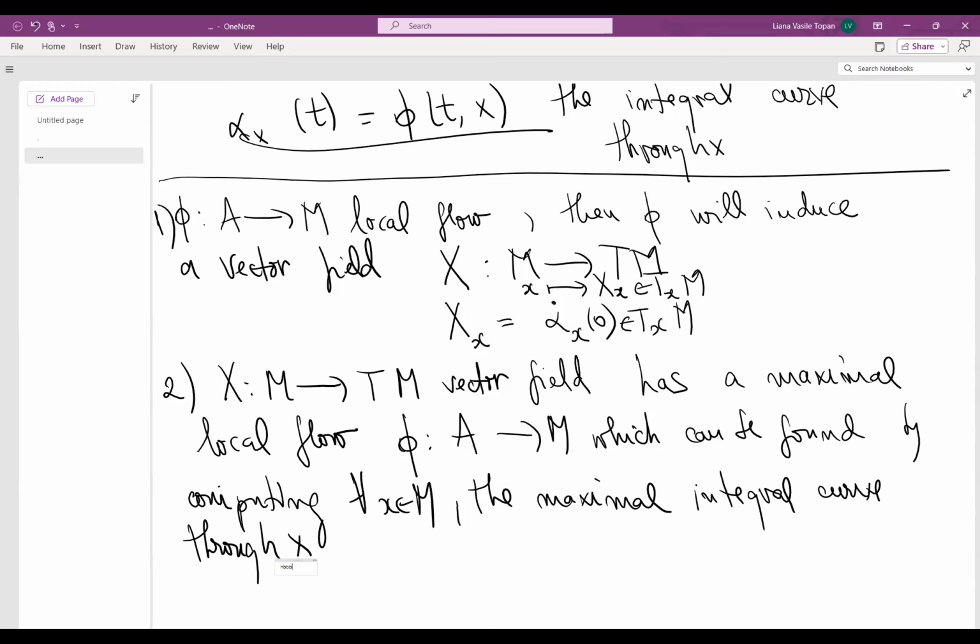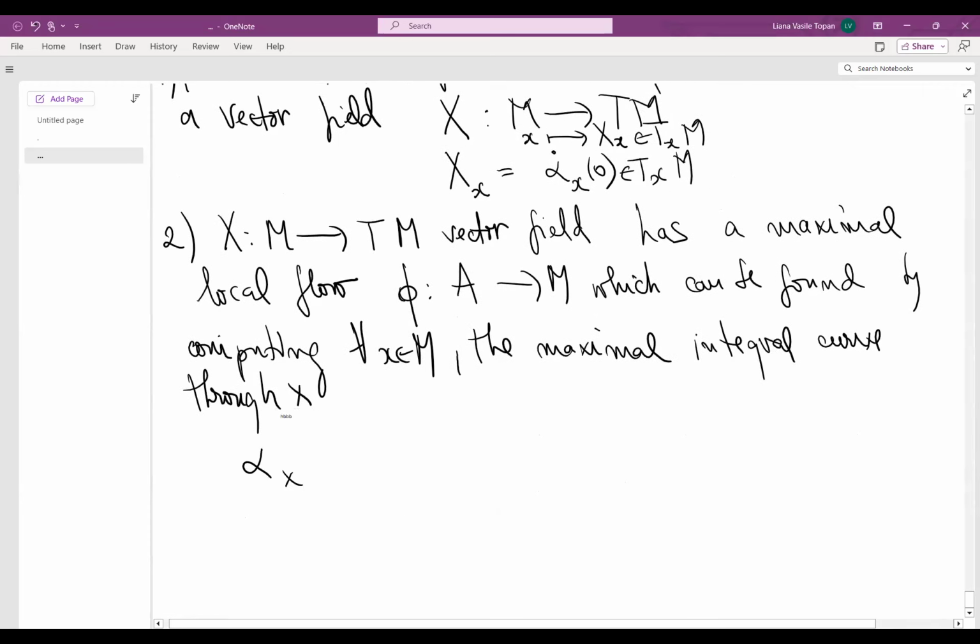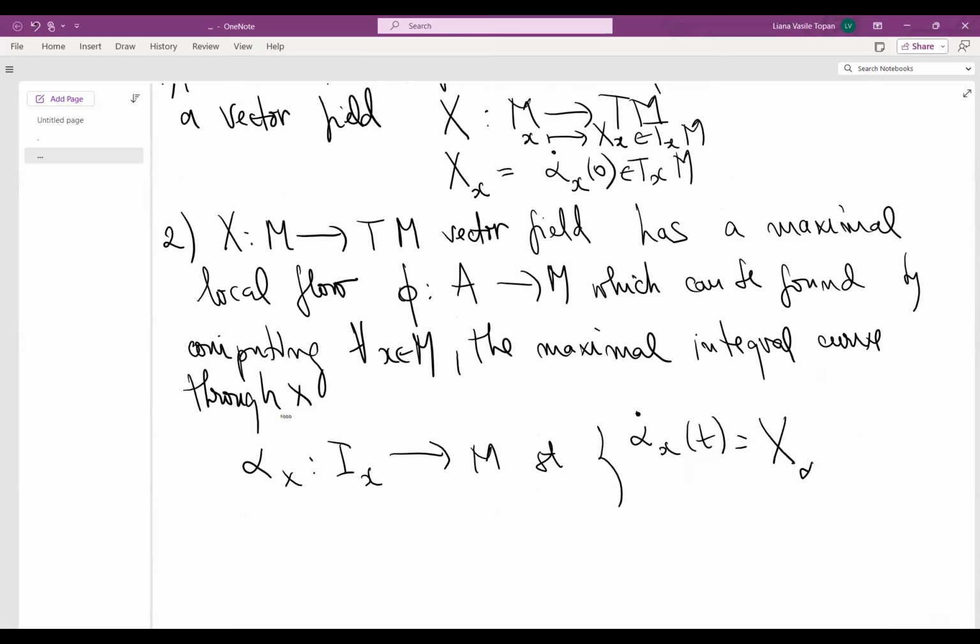Sorry, so this is alpha x. The derivative of alpha x, oh, it's t, is the tangent vector at alpha x of t here, and then alpha x of 0 equals x.